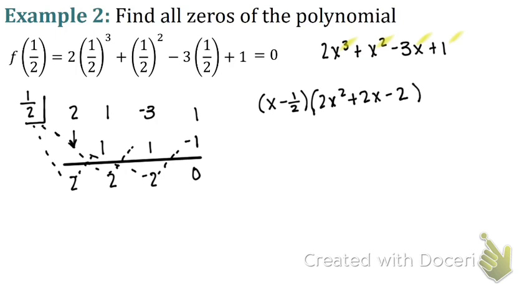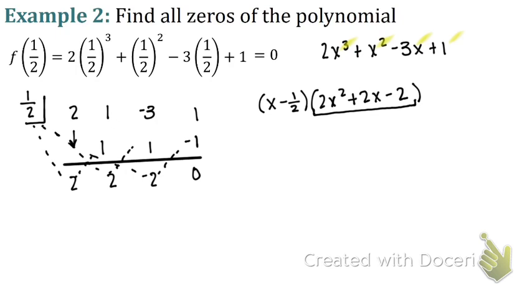Now what we need to do is solve this. Guess what we're going to use? Negative b plus or minus the square root of b squared minus 4ac, all over 2a. Because we're looking for complex roots.